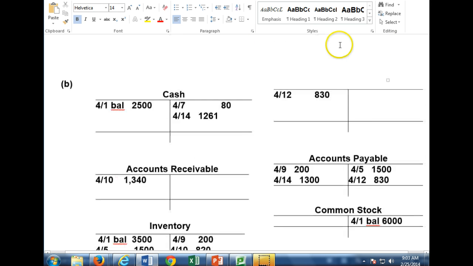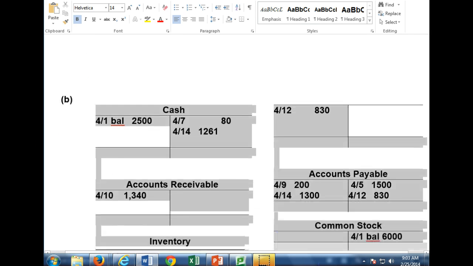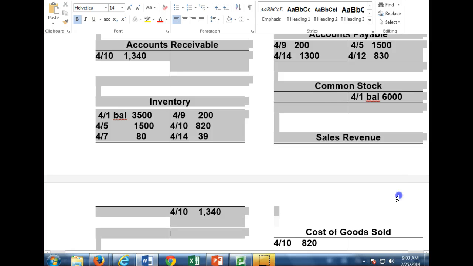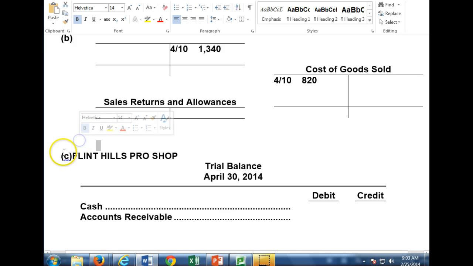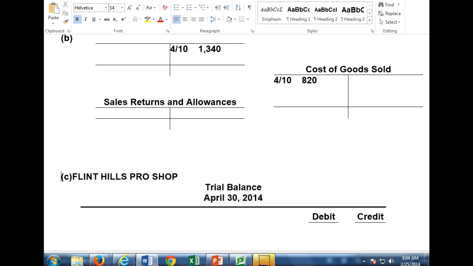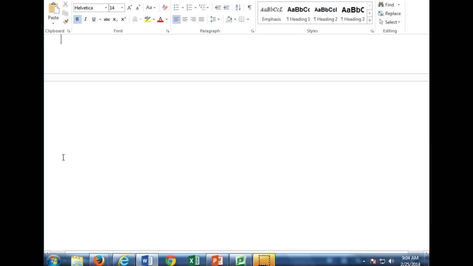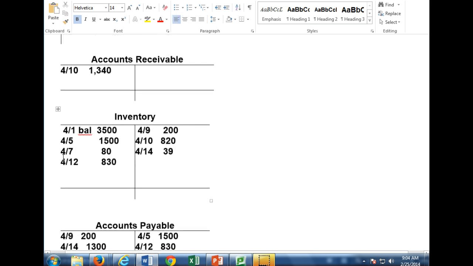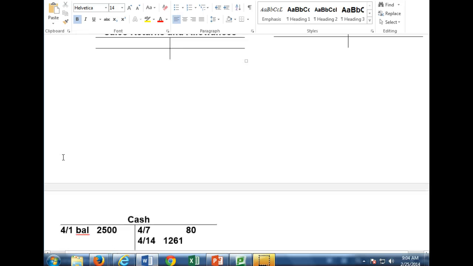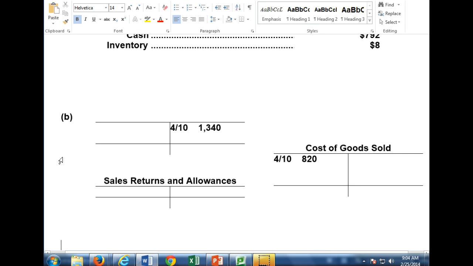Okay. I think what I'm going to do, see if I can bring this down here. Okay. Then what's next? $1,340. Which one is that?